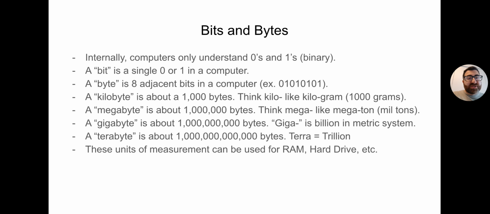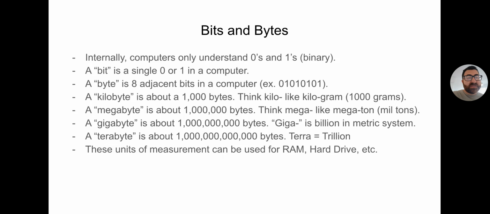Or you might buy a desktop computer online or at Office Max, and they might say, this desktop computer has 1 terabyte of hard drive disk, 1 terabyte of storage. So a tera is trillion. So a terabyte of hard drive disk is a trillion bytes of storage.